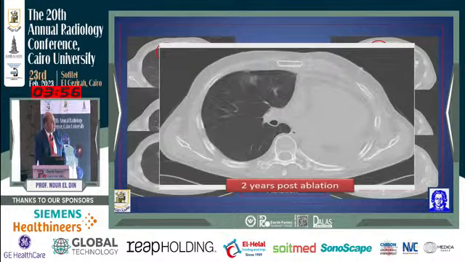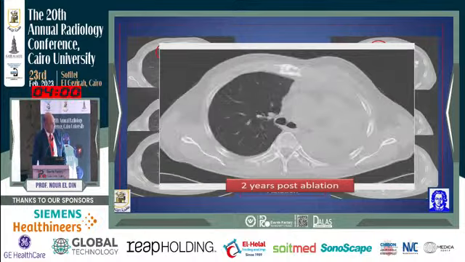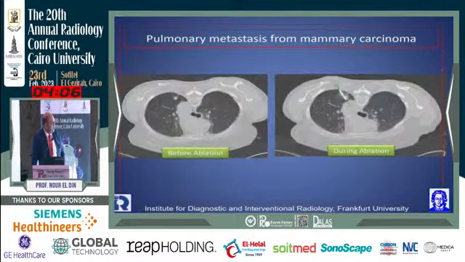And the patient was tumor-free even 2 years post-ablation, denoting an advantage for ablation in comparison to other surgical interference. Another lesion is due to metastatic deposits from breast cancer.